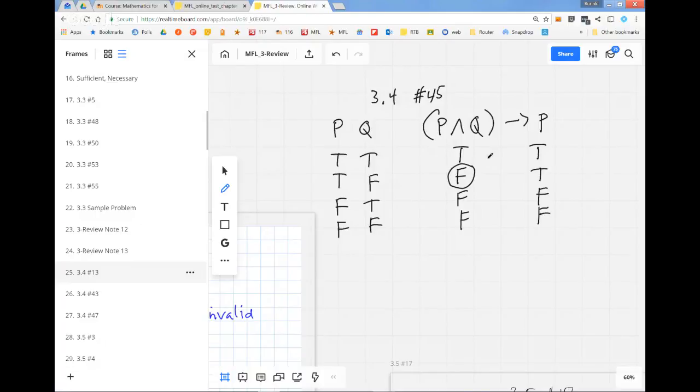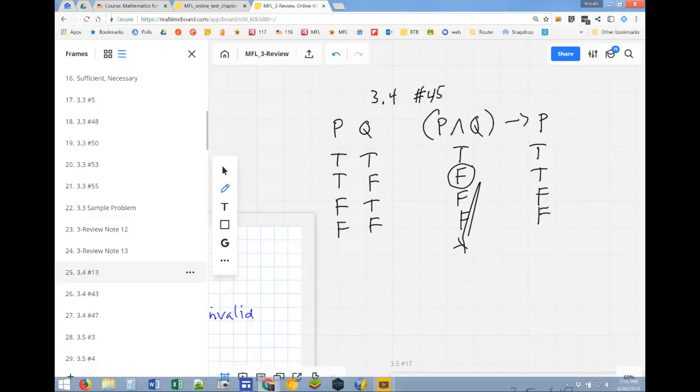Okay, so now all we've got to do is, if this column, then this column. Let me do that in red. So if true, then true. So now we've got to use the if-then rule.